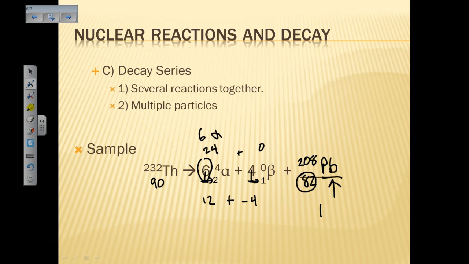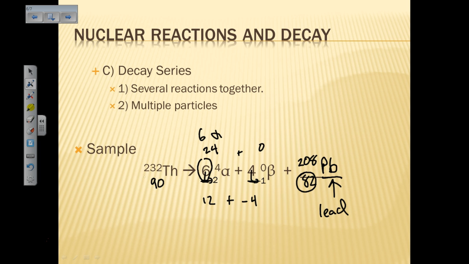And lead here, Pb, is typically the target that most radioactive isotopes that are heavy go to. It turns out that's where things end up going through their radioactive decay series. They don't always have to go to lead, but that just seems to be a common thing.